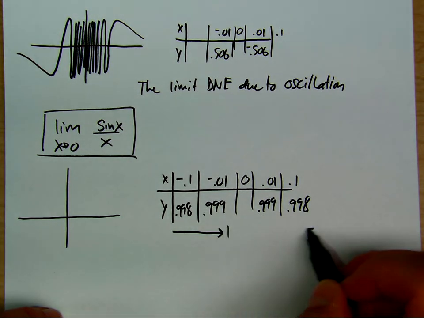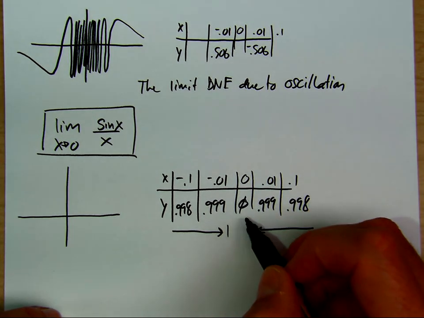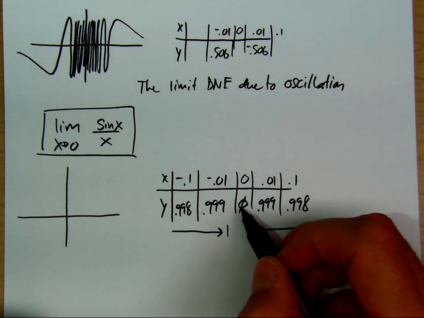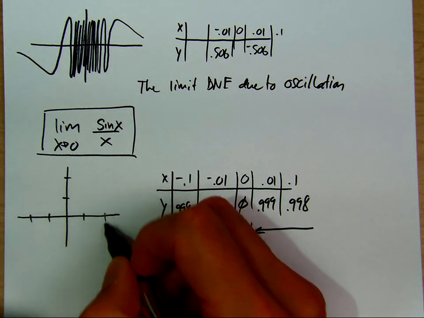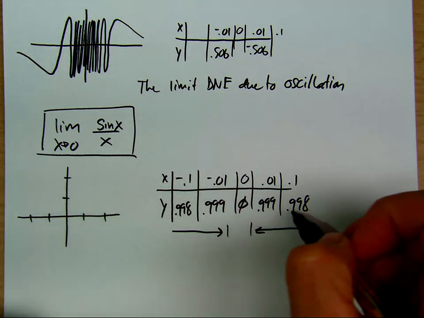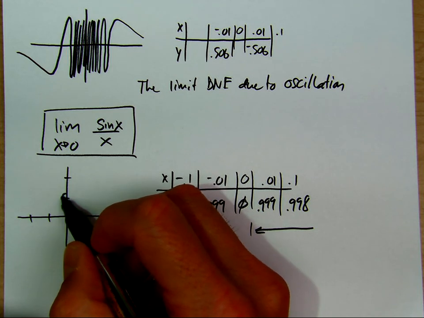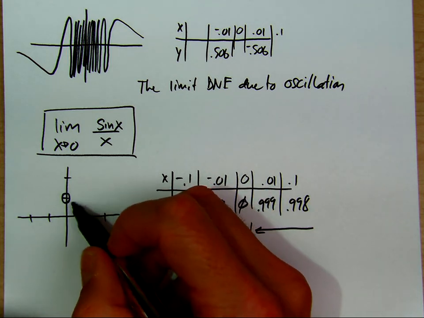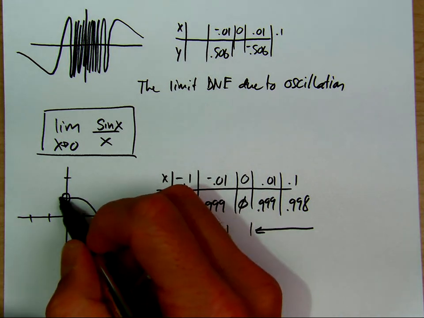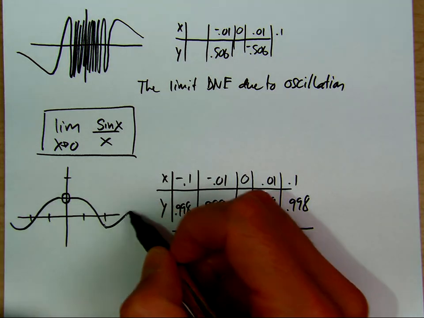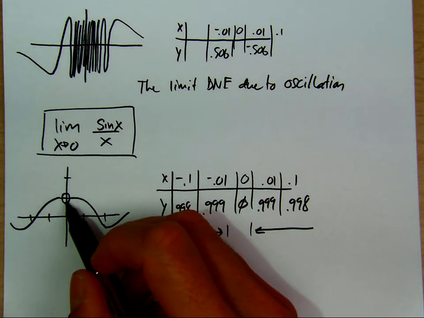From the right, the y values are approaching 1. At 0, the function is undefined. So we see that the limit is 1, the y value is 1, but the function is undefined, and the graph looks like that, and we can see the limit is 1 from the graph.